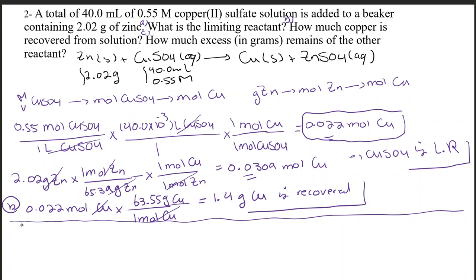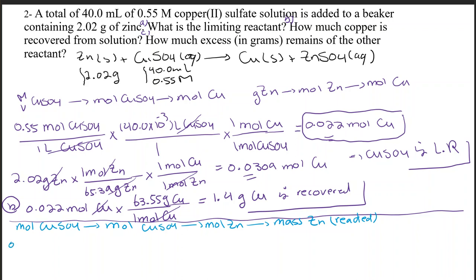So from the molarity of copper(II) sulfate, I'm going to find moles of copper(II) sulfate, and then I'm going to find moles of zinc that reacts with copper(II) sulfate, and from there I'm going to find the mass of zinc. And this is going to be the mass of zinc that basically reacts with the copper(II) sulfate solution.